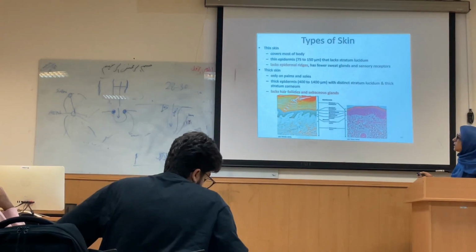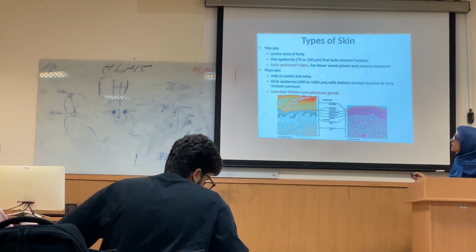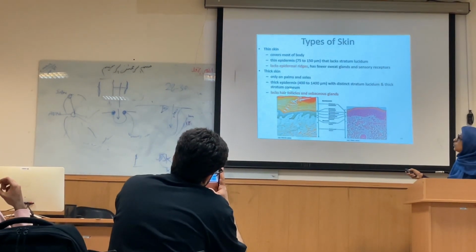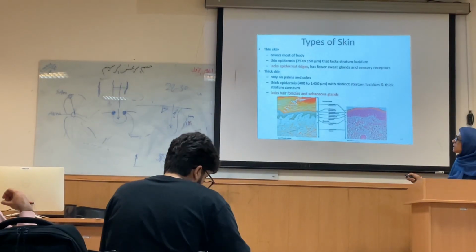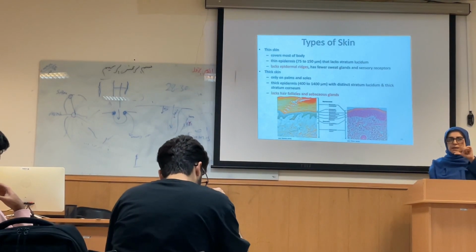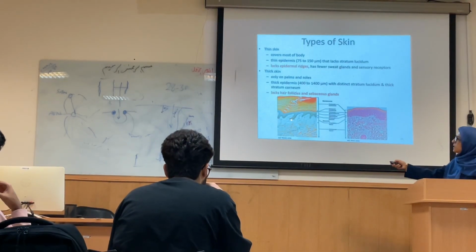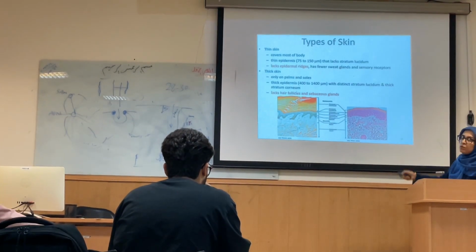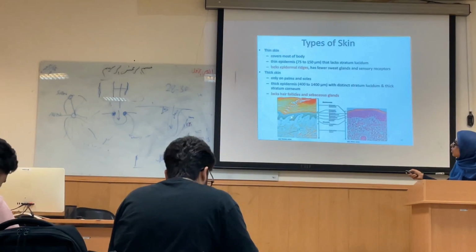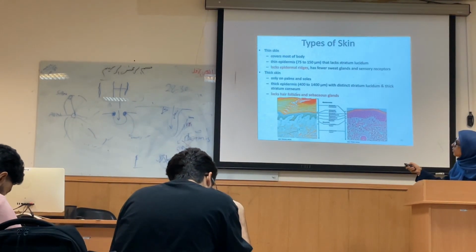The thickness of the epidermis and also of the strata is different in these two types. As you see here, thick skin has a greater epidermal thickness. The epidermis runs from the basal layer to the cornified layer, and the cornified layer is also thicker.